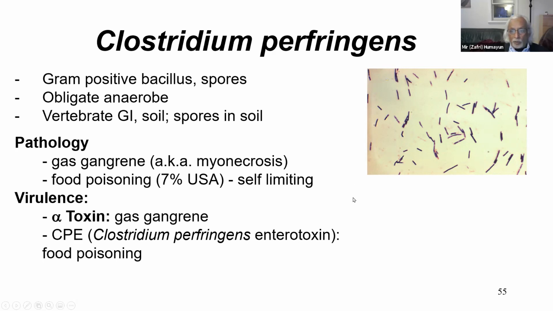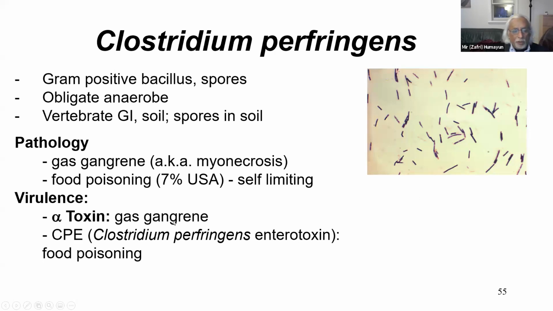Its major pathology is gas gangrene, also known as myonecrosis. It's a pretty serious condition. It also causes a separate pathology, food poisoning. In fact, 7% of food poisoning in the United States is because of Clostridium perfringens.